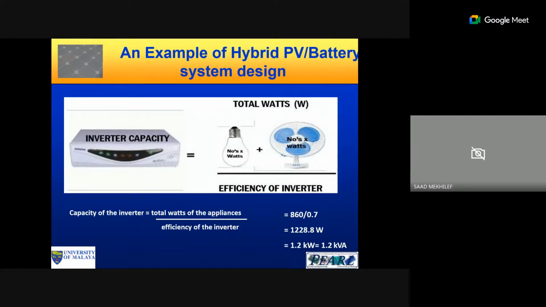Remember the inverter capacity: 860 divided by 0.7, which is the inverter efficiency. But if we assume the inverter efficiency is 1, then it will be 1.2 kVA.